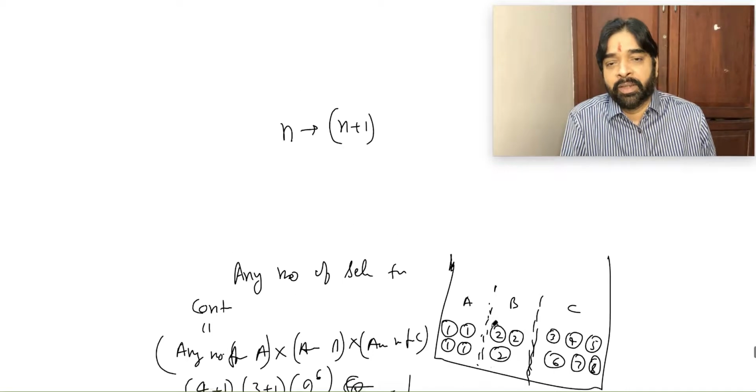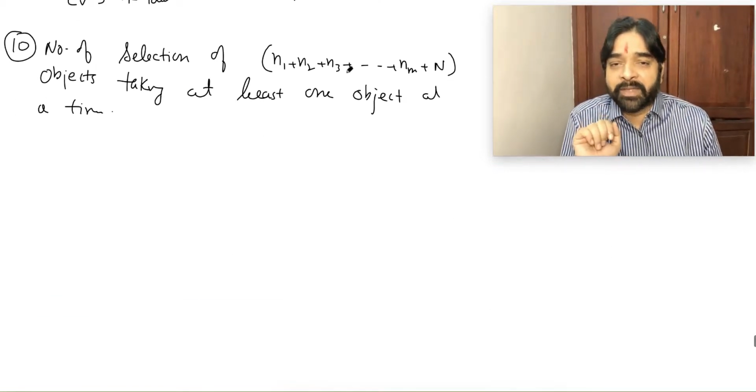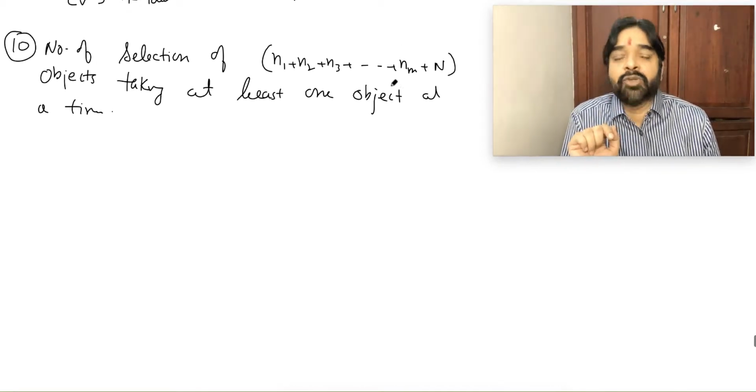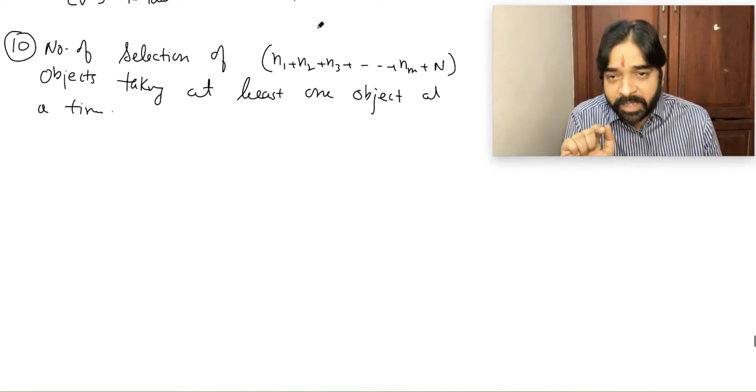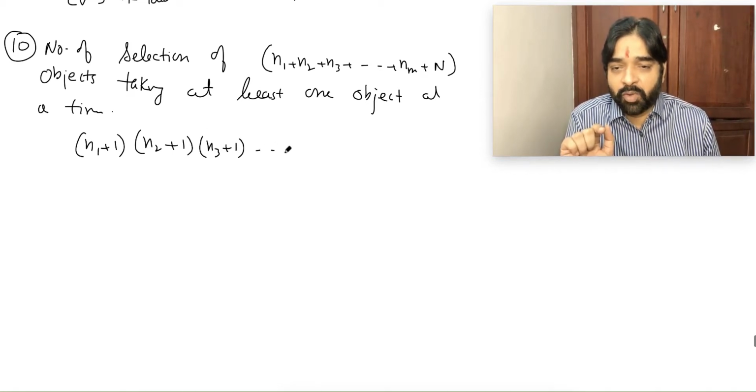Now think. These questions you can take orally. Number of selections of this, taking at least one object at a time. So first assume any number of selections. So any number of selections from n1 will be what? n1 plus 1 and n2 plus 1 and n3 plus 1 and so on, nm plus 1.